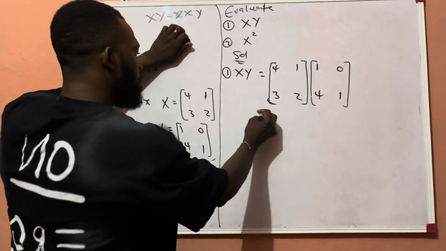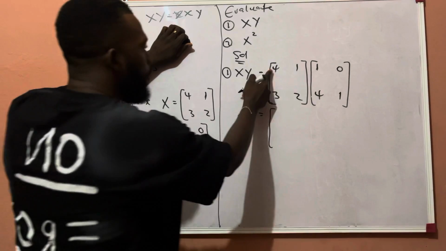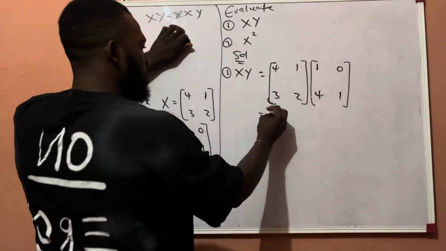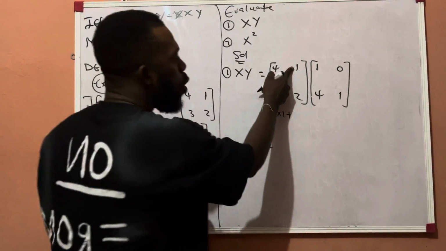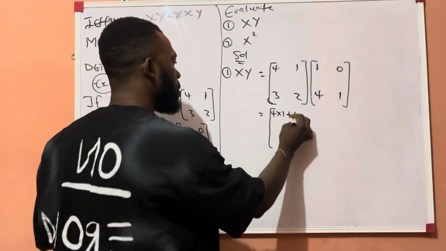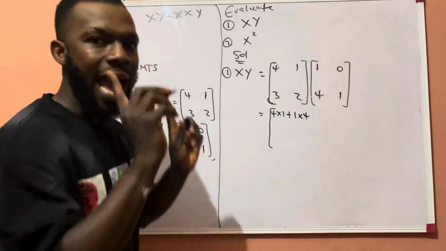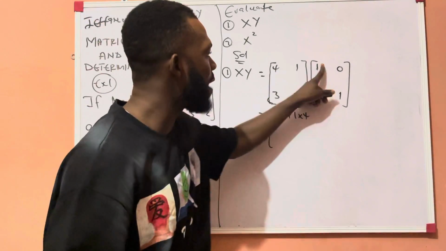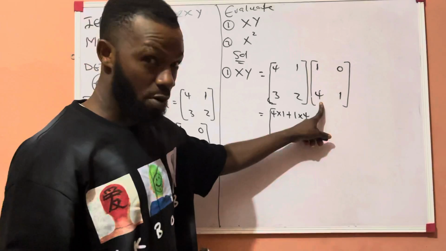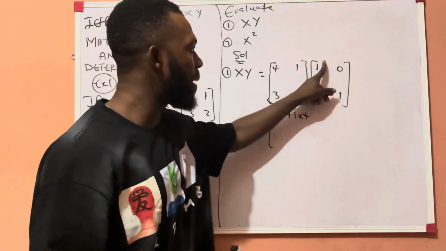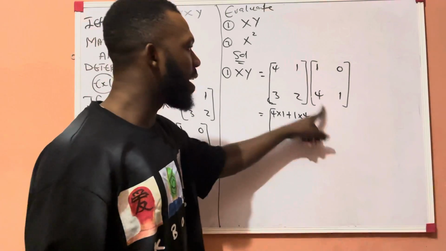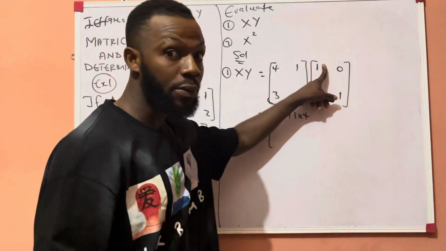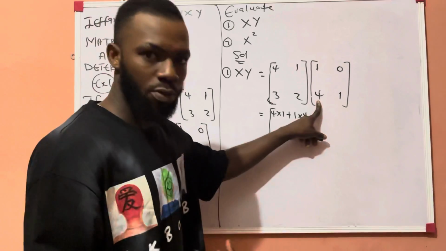So if I'm multiplying, it becomes 4 times 1 plus 1 times 4. I say the first multiplies the first, the second multiplies down. Or you can say the first multiplies the top, the second multiplies the down.